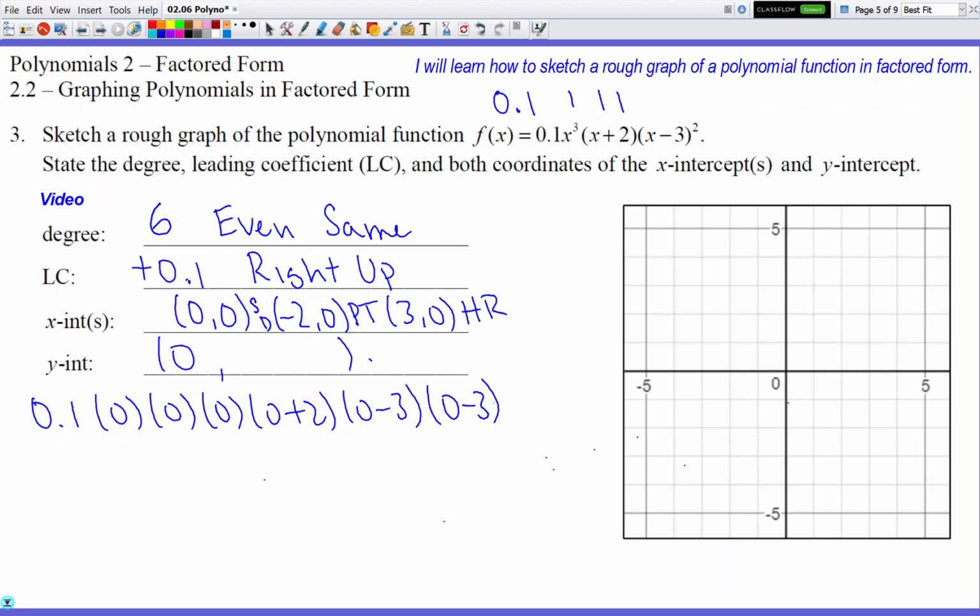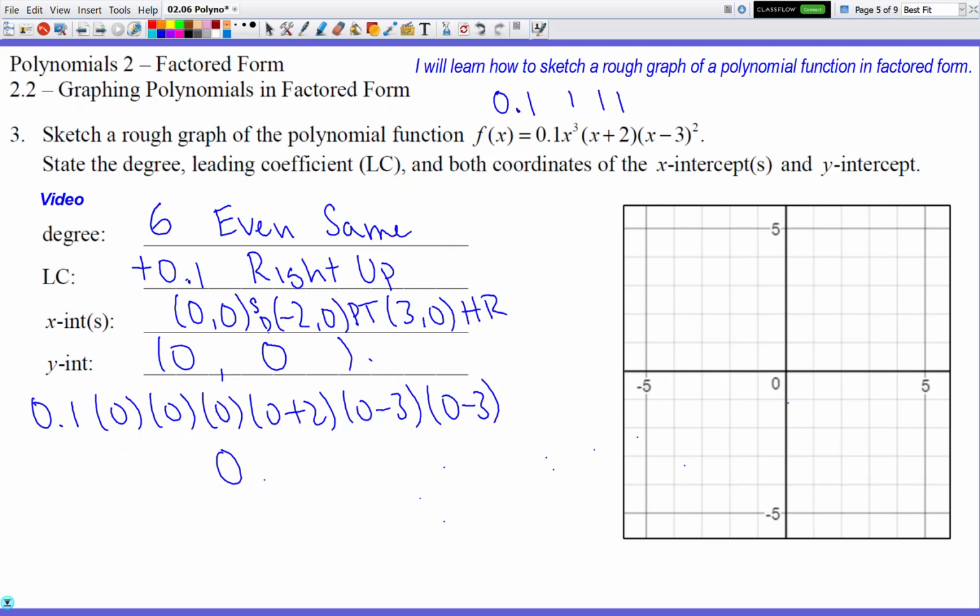But I already know how this is going to play out, because once you see multiplied by 0, your whole answer is going to be 0. It doesn't matter that you have 0 plus 2 and 0 minus 3. Once you see that you're multiplying by 0, then your overall answer is just going to be 0. So your y-intercept is at 0, 0 also.